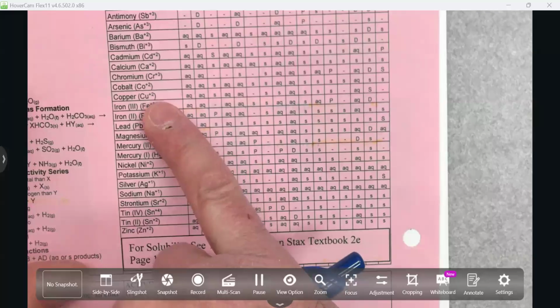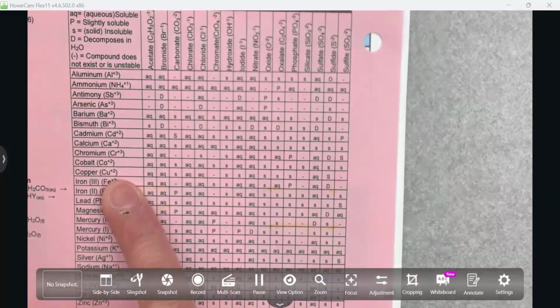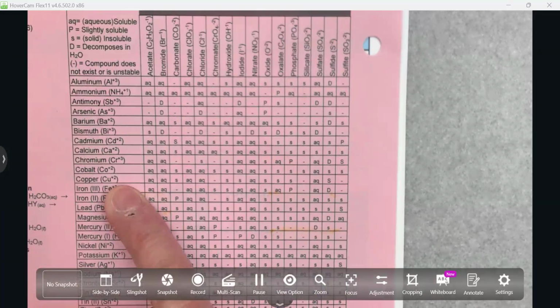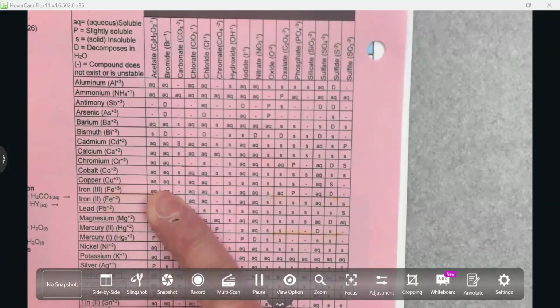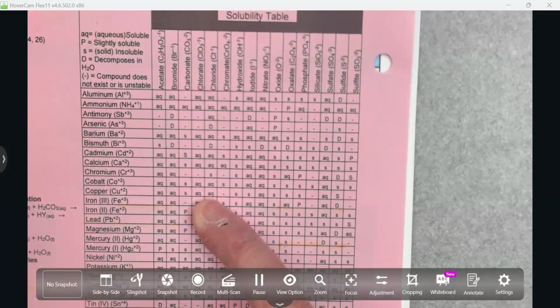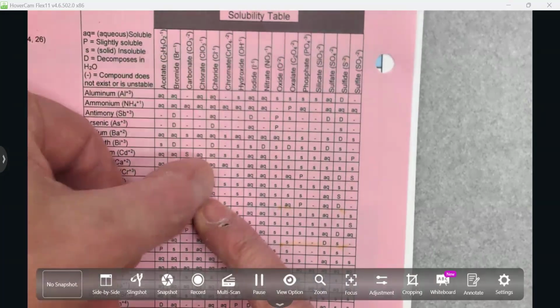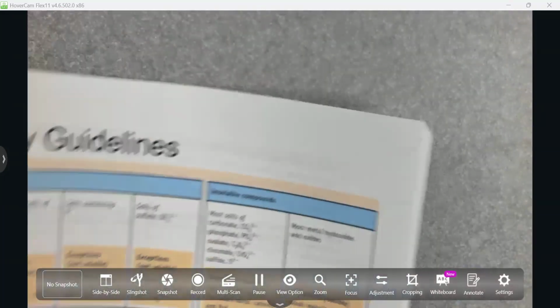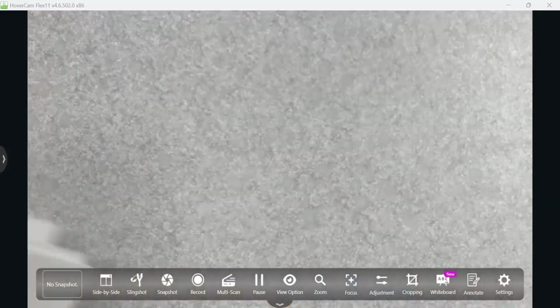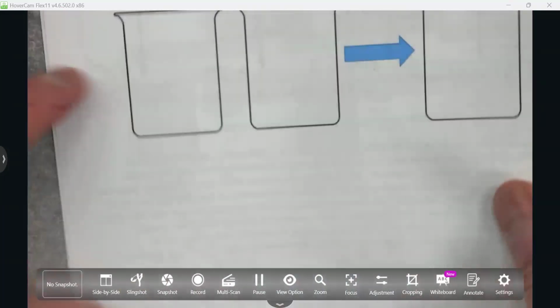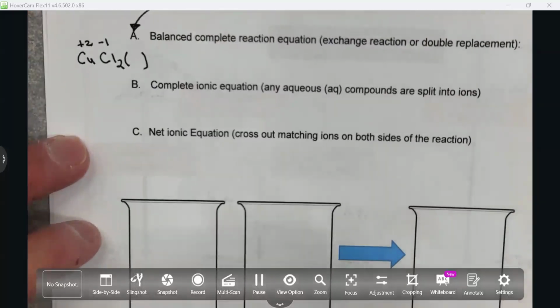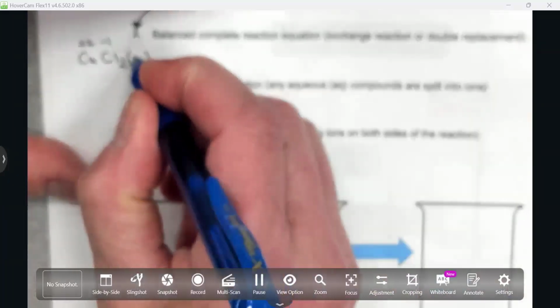But we're specifically looking at copper 2 chloride. We already think it's going to be aqueous or soluble. If we grid that out, right here is where my chloride is. So copper 2 chloride, it dissolves in water. So I'm going to put AQ.